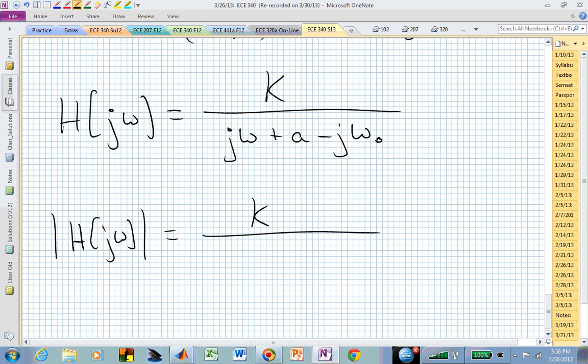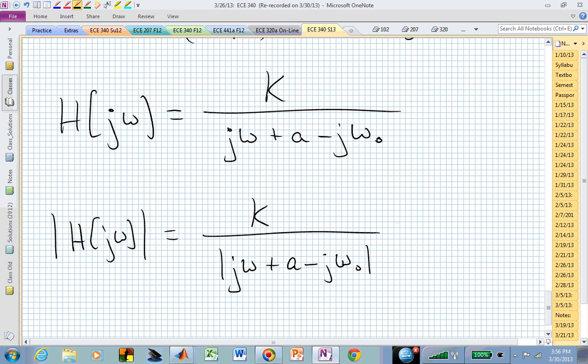The magnitude of that we can just say is K, where we're saying that the magnitude of this quotient is the quotient of the magnitudes, and the magnitude of K, where K is positive, is just K. We'll divide that K by the magnitude of the denominator, which is the magnitude of J omega plus A minus J omega naught.